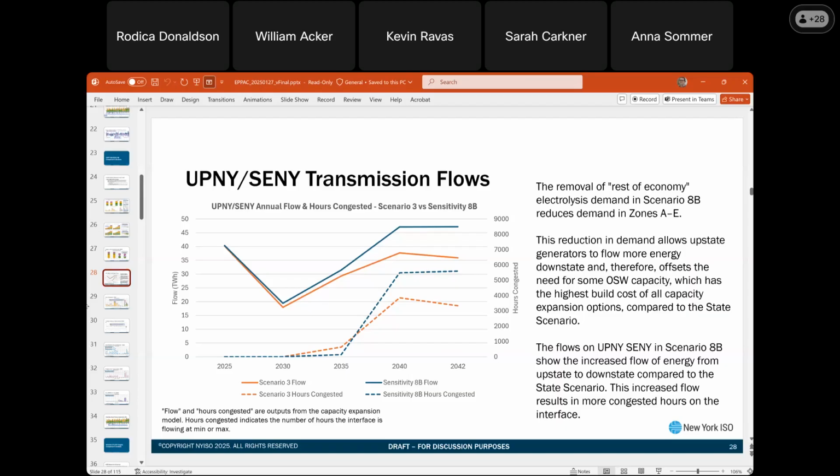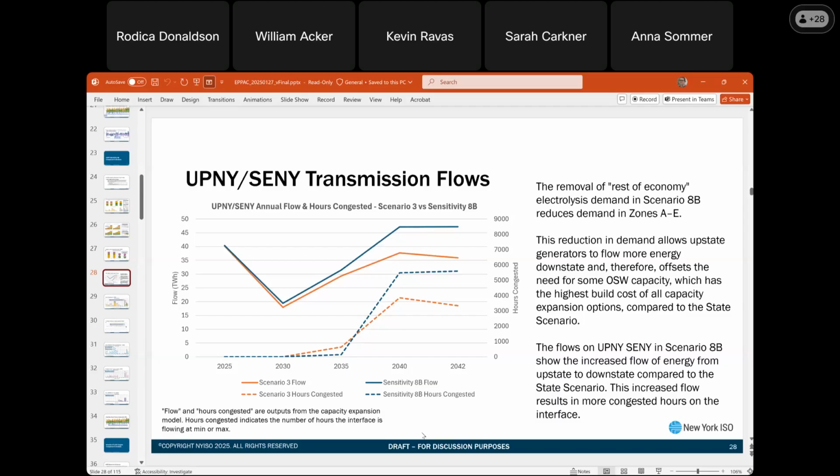But because that demand has gone away, it's just finding that the resources that were built upstate for those targets are still needed and wanted due to their low build cost. But now you've freed some of that up to serve some of the load that is downstate and was previously being served by the offshore wind. Did that help?